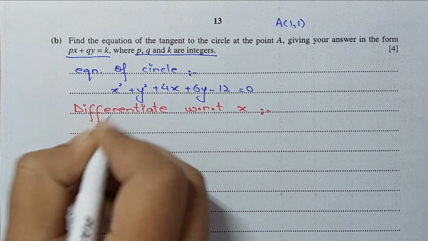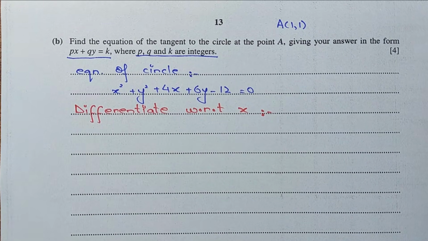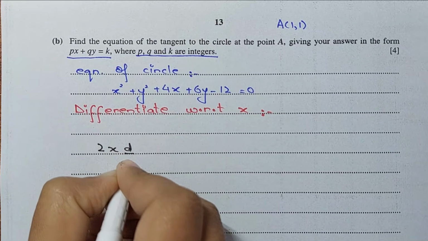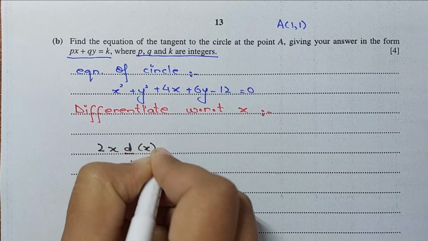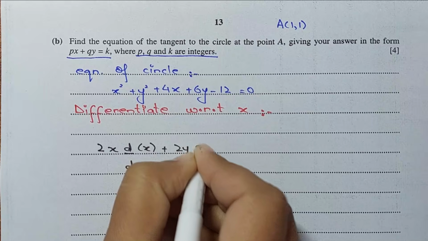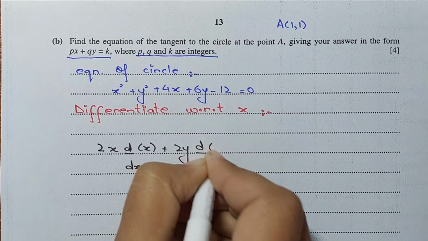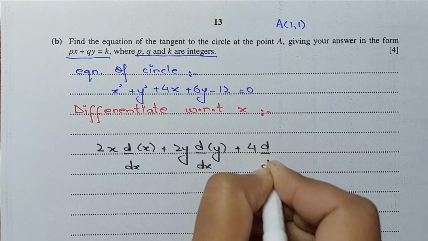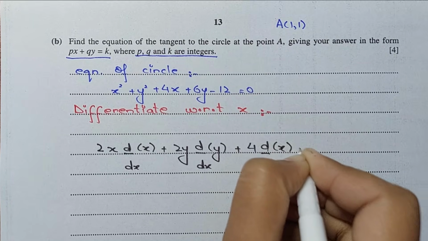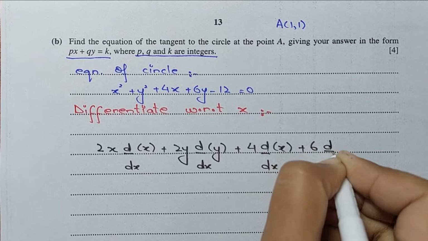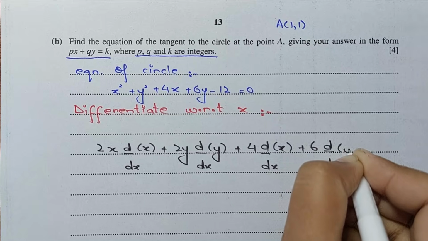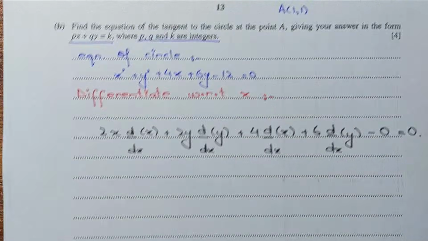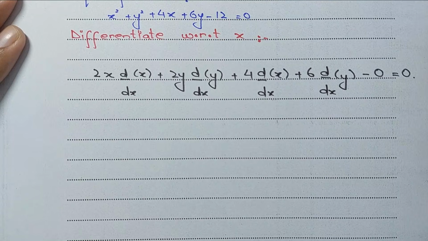d by dx, the derivative of the first term is 2x d over dx of x, 2y d over dx of y, plus 4 d over dx of x plus 6 d over dx of y, minus 12. The derivative of the constant term is just 0, right?